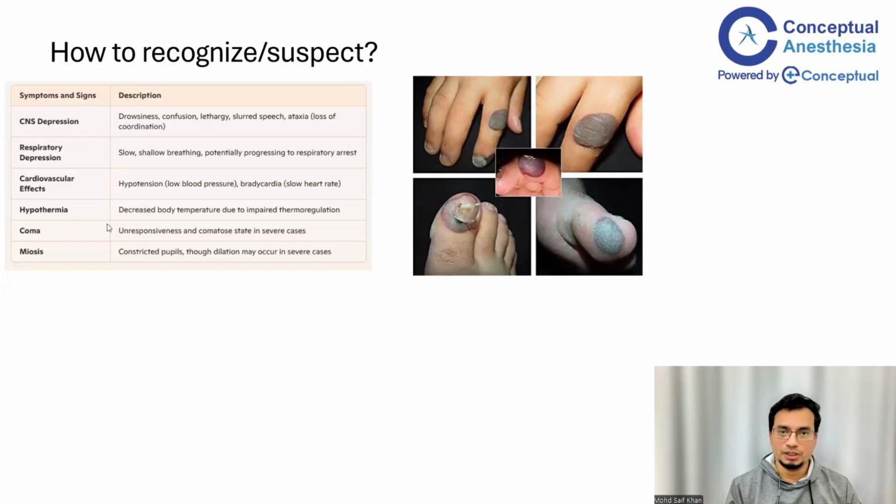About the pupillary signs, there is one unique thing about barbiturates: even in cases of coma, barbiturate poisoning does not affect the pupillary reflexes. So the reaction to light is intact.